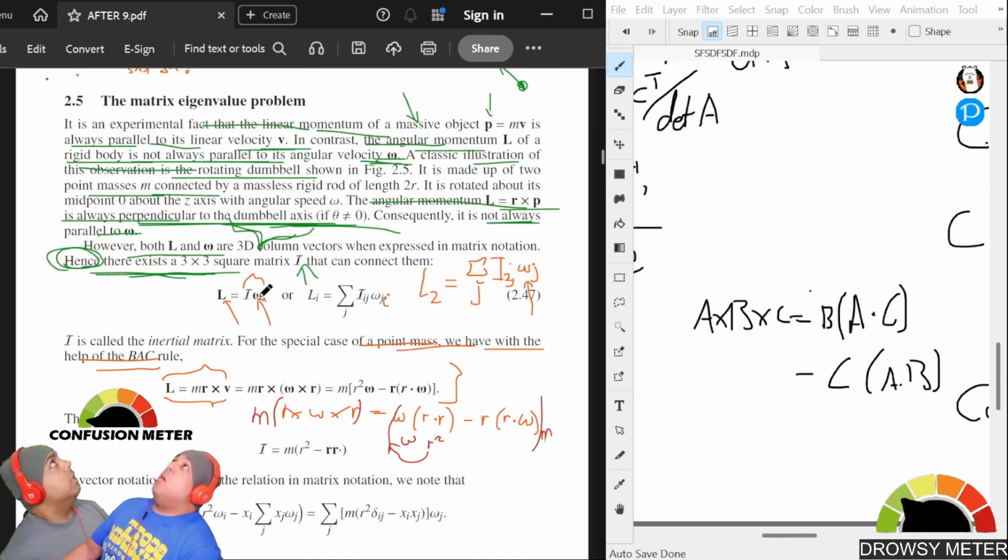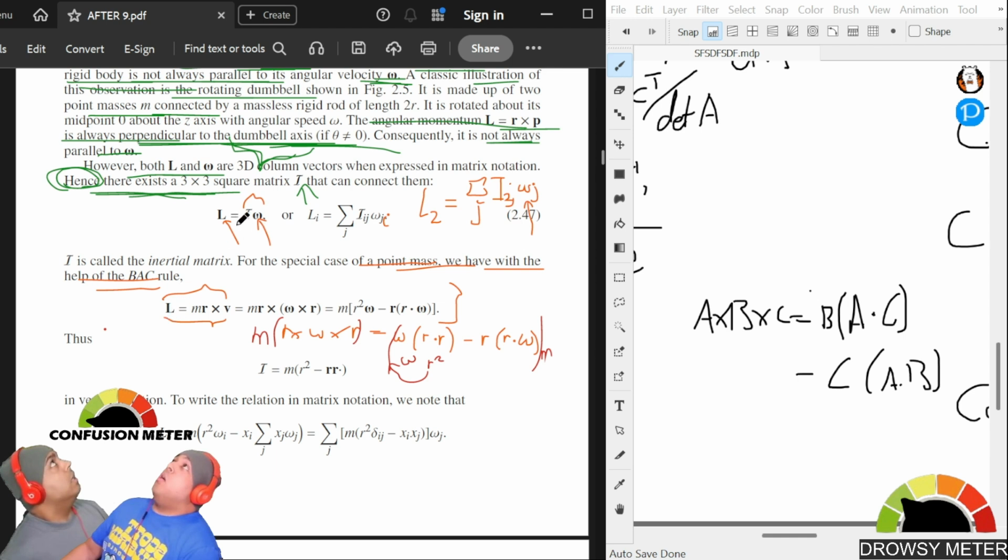L equals special I omega. So I equals L over omega, which you get from here by doing inverse stuff, right multiplication of omega by omega inverse. You get I on this side, you get L omega to the minus 1 here.